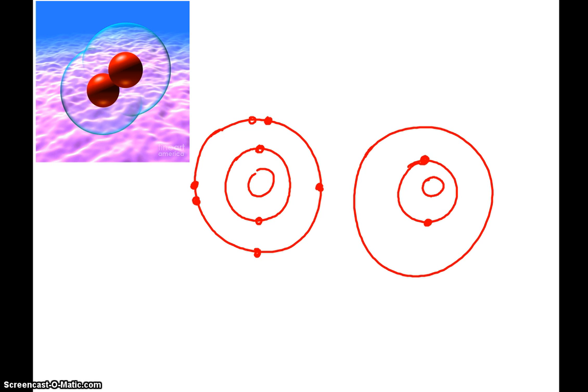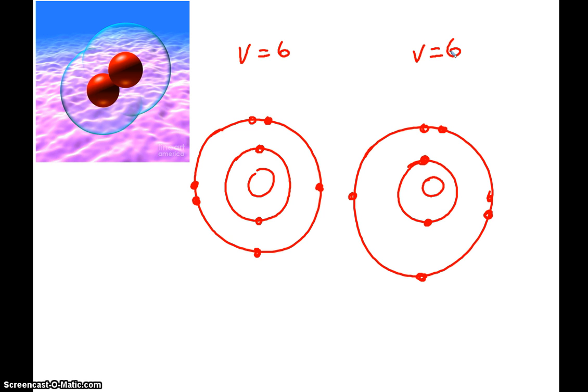There we go. And we'll start over. So now, with six valence electrons, how many additional electrons would each oxygen like to get?